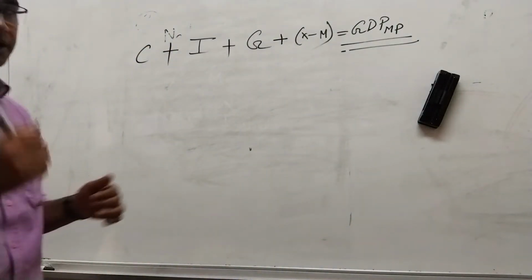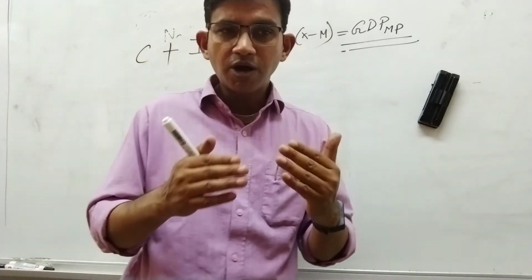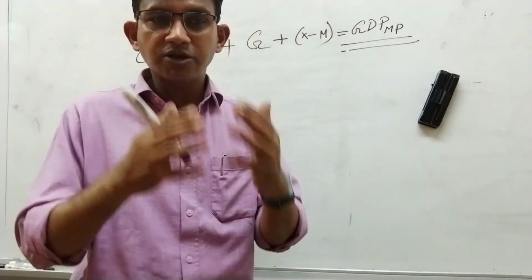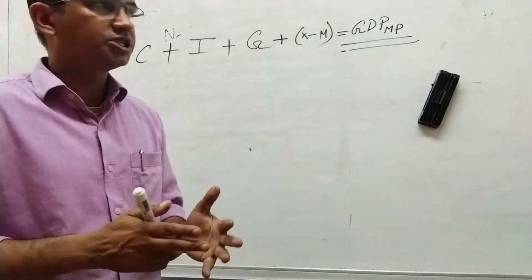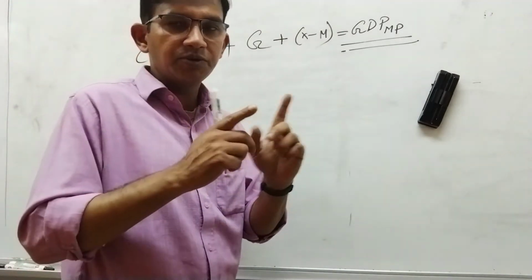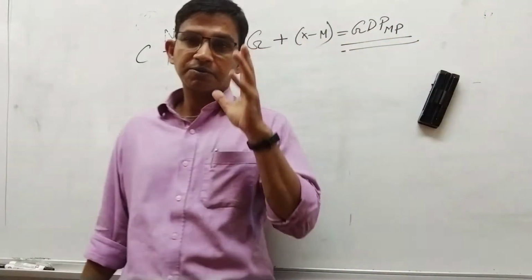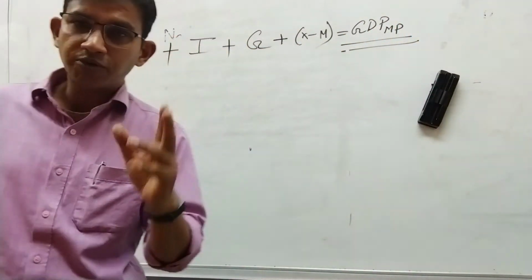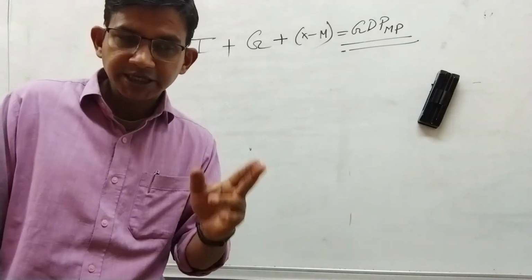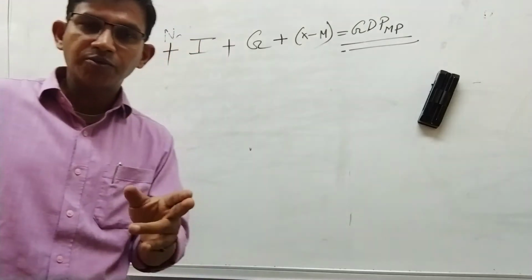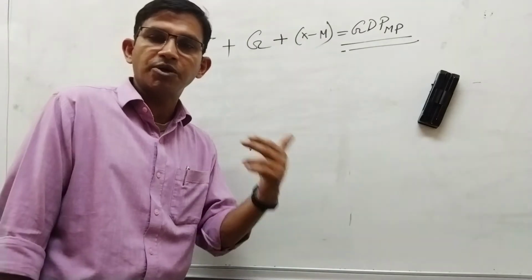GNP-MP is known as the value of goods and services produced by the domestically owned factors of production in a particular financial year.